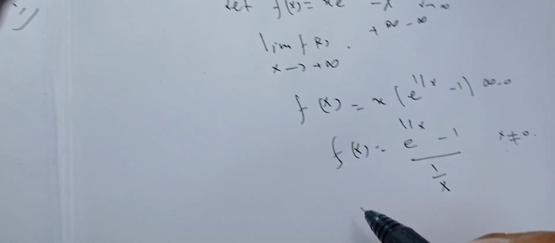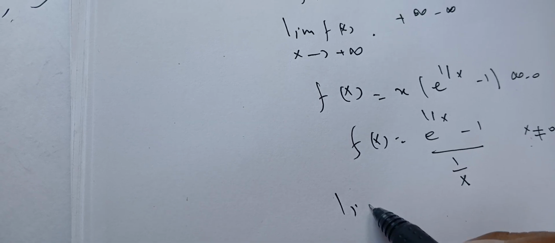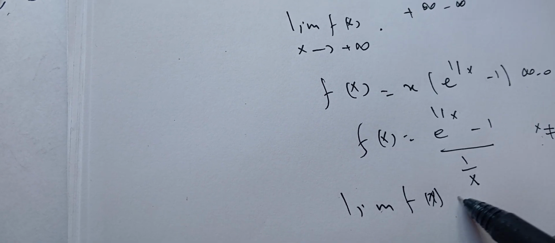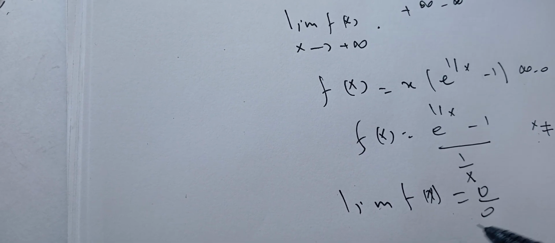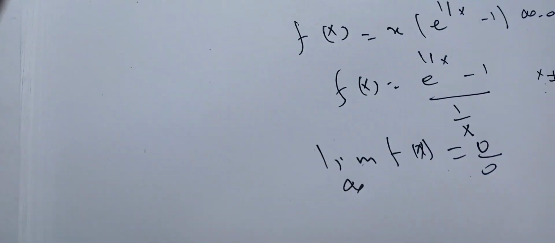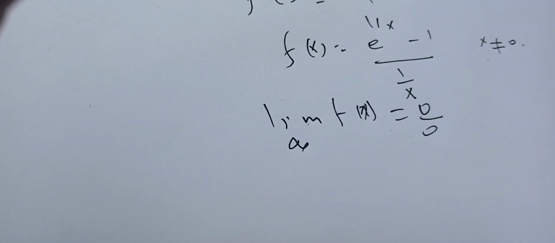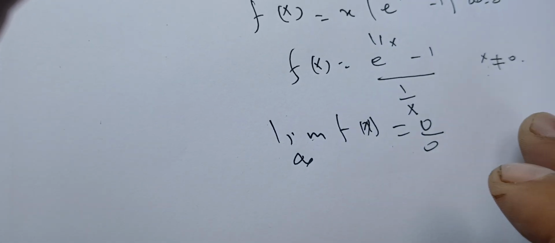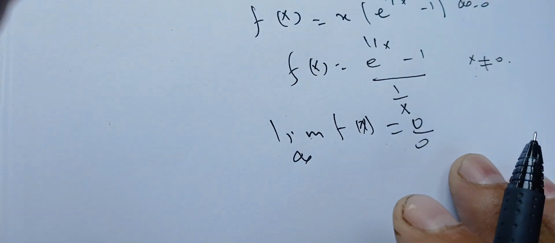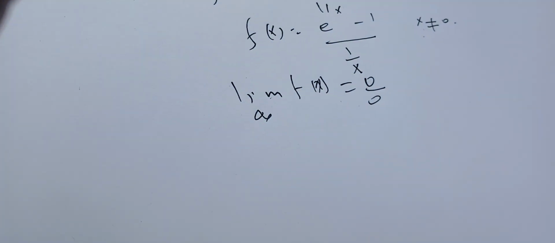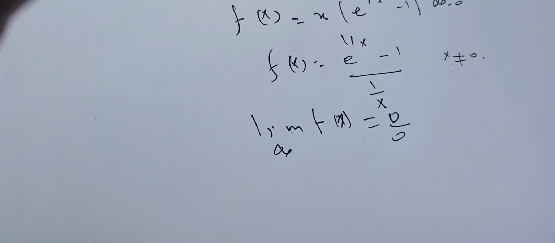This limit is now 0 over 0. So therefore we can't conclude, but we have one key here now, which is that we have the conditions to apply L'Hopital's rule for this function.